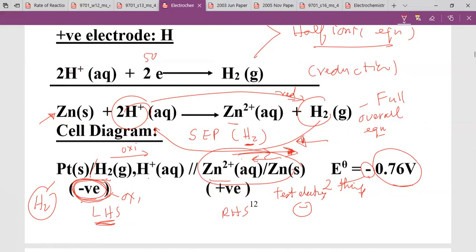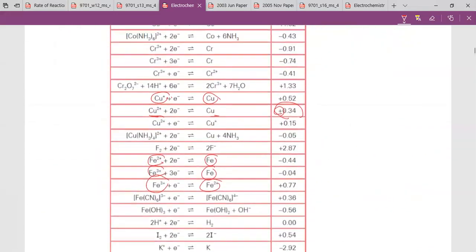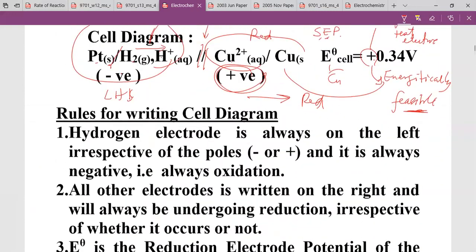So two things it will tell you inside. When you write this part here, it is written as a reduction. Zn2 plus becomes Zn, right? Copper is also the same: Cu2 plus. Compared to hydrogen, they're always written in reduction.